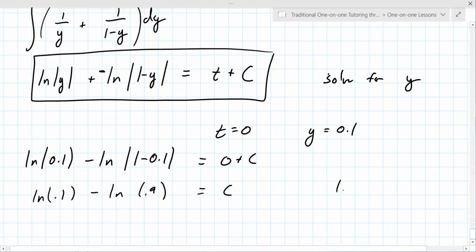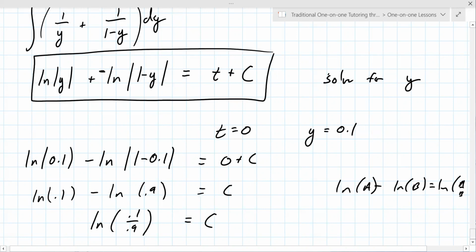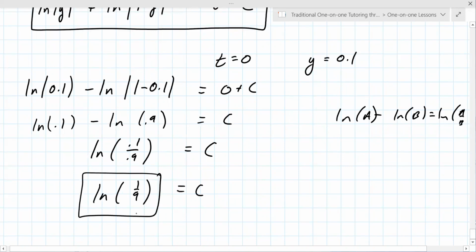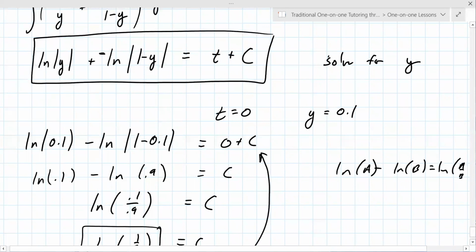And if you remember, natural log of a minus natural log of b becomes natural log of a over b. So this is natural log of 0.1 over 0.9 equals c. So the natural log of 1/9 is c. So you would take this value and plug it back in this line right there. Or sorry, actually the one above it, this one up here.